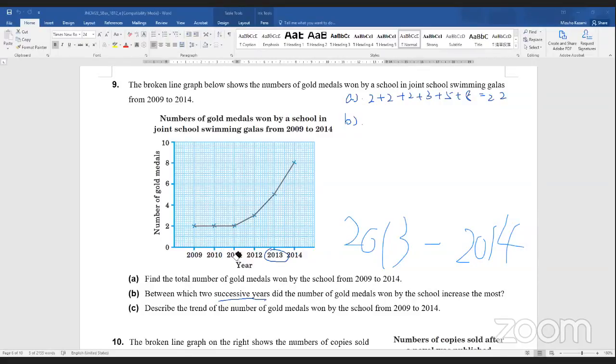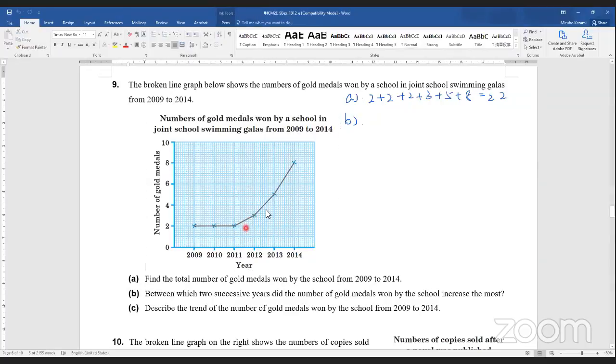Therefore you compare 2 years like that. Of course, for these there's no change. If you look at this one, from 2 to 3, increase by 1 only. From 3 to 5, increase by 2. And from 5 to 8, increase by 3. Therefore, this part should be the most.